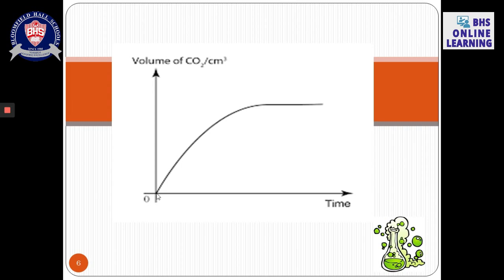And as soon as you see the straight horizontal line, this means there is no more increase of gas in the gas syringe. That means the reaction is finished. Either one or both of the reactants are finished.